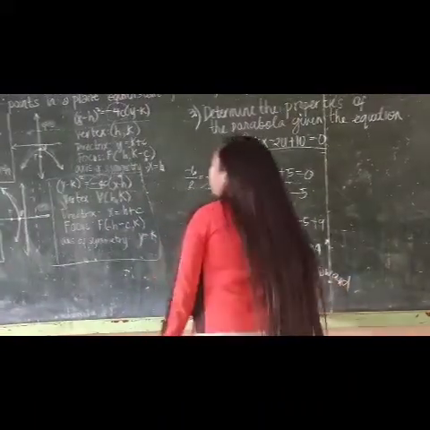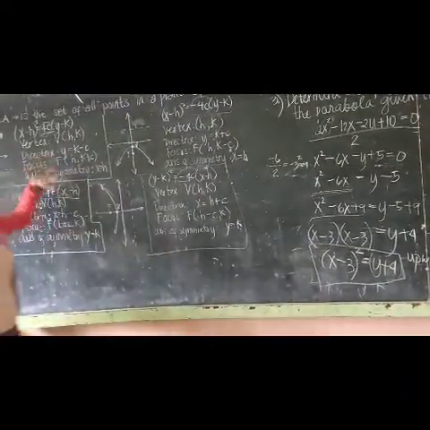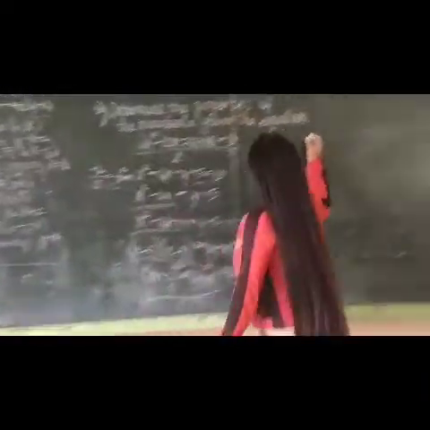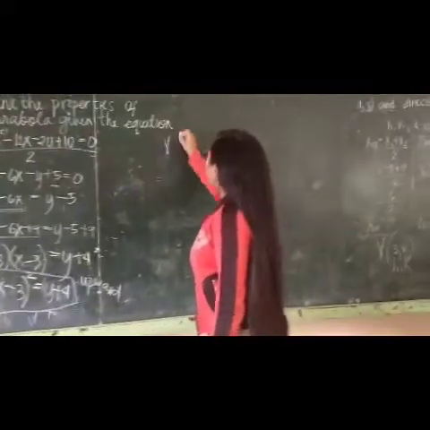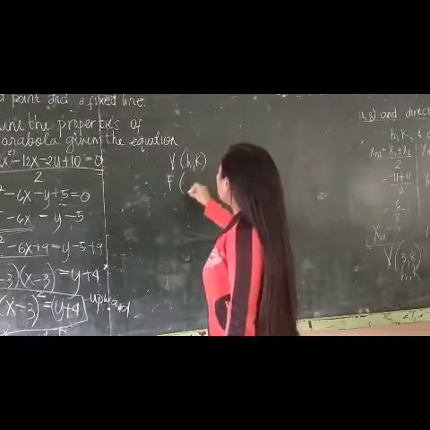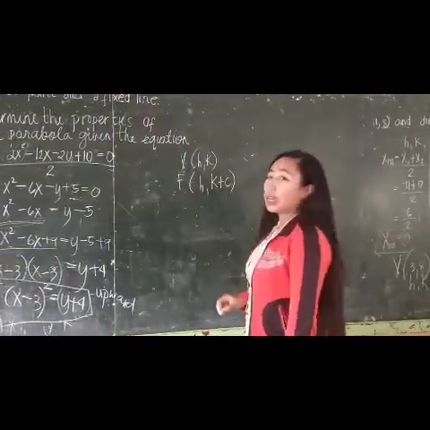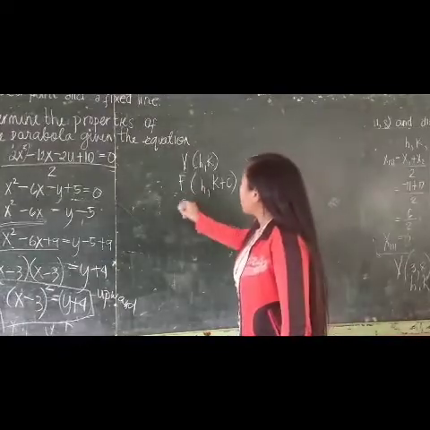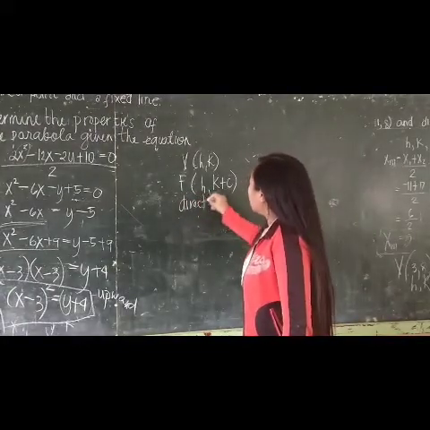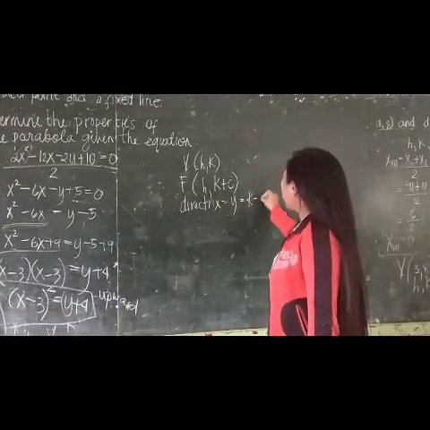Then we will follow the properties of the parabola that opens upward. So that is, vertex is at h, k. Our focus is h, then k plus c. These are the properties. Then the directrix is y equals k minus c.